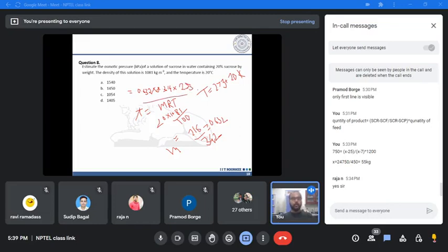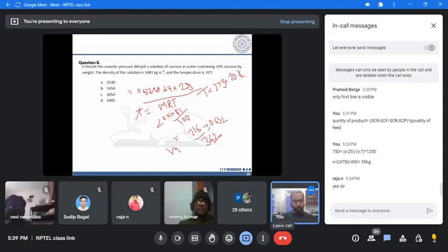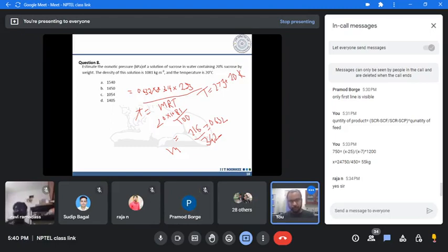When you calculate these three values, you will get one of these options. Please calculate with your calculator or mobile and tell me the answer. Writing on the screen is difficult, so I think it is not looking good, but I think you know the formula and you can solve it. Okay, anybody has solved?